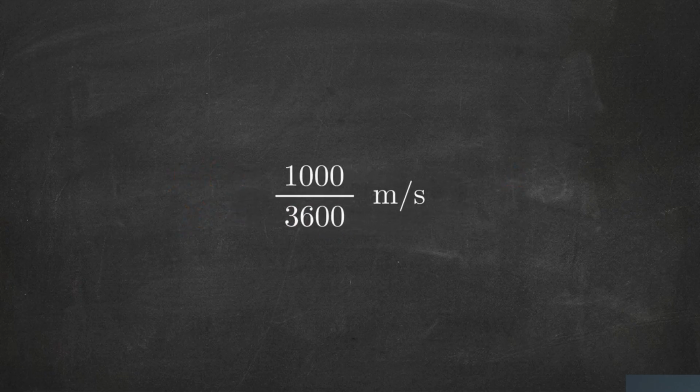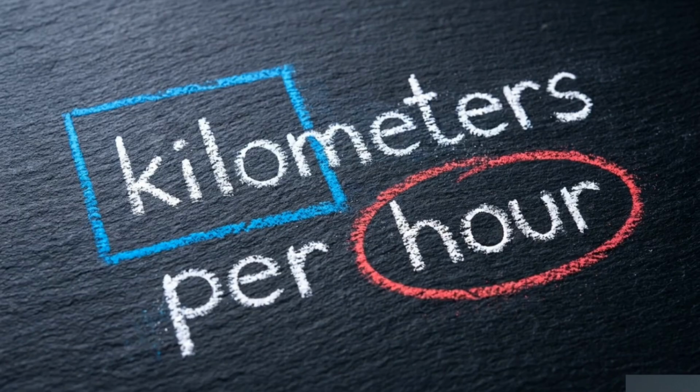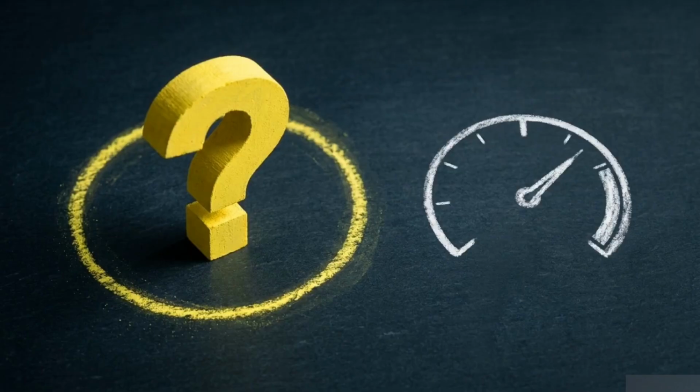The remaining 1,000 divided by 3,600 gives 0.277 meters per second. By isolating the variables and attacking them one dimension at a time, you prevent cognitive overload when faced with compound measurements. We are ready to fulfill the challenge from the beginning of the video, converting 60 miles per hour into meters per second in a single continuous equation.